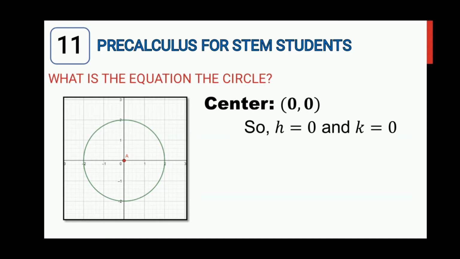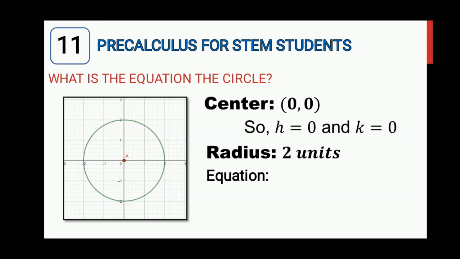Next is the radius. What is the distance of a point in the circle to the center? Based on the graph, the point on the circle is 2 units away from the center. Therefore, our radius is 2 units. Now we can have our equation, and our equation should be in this form.